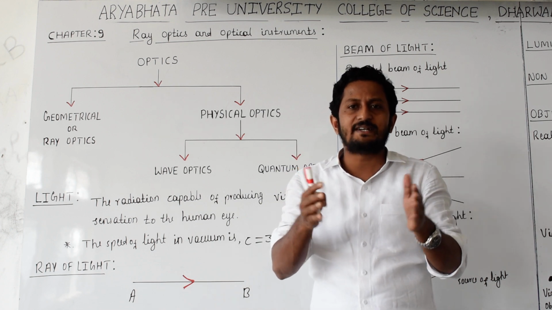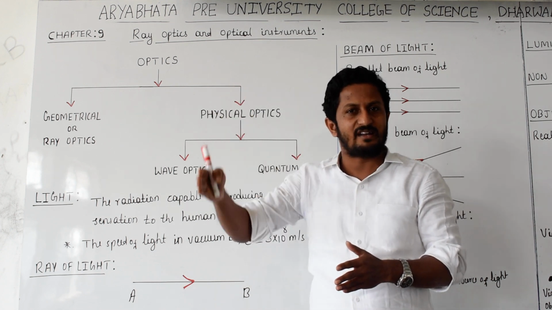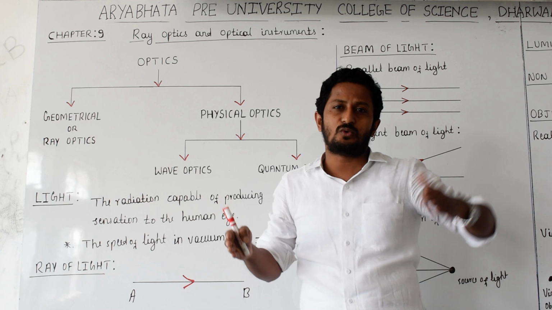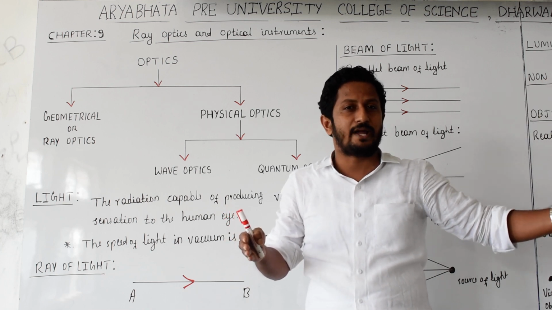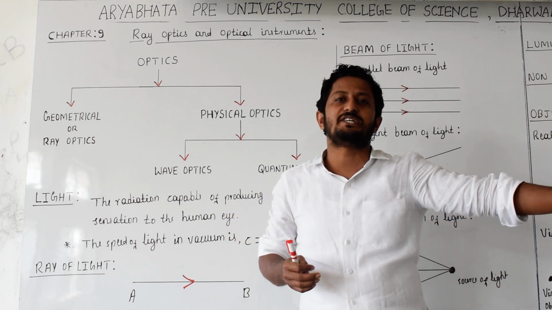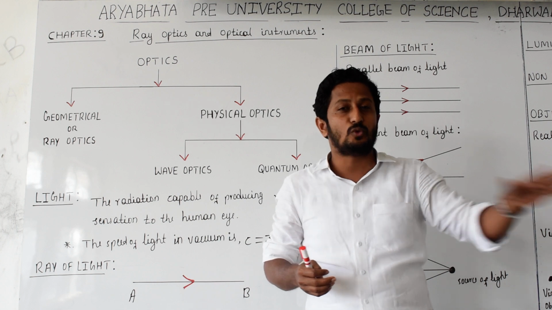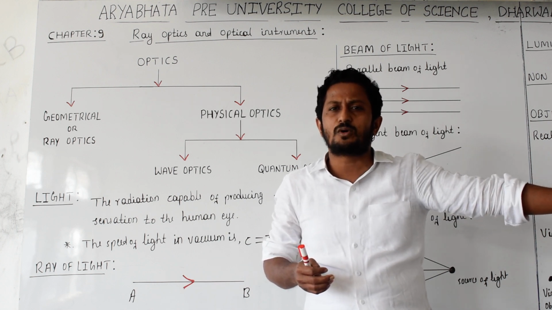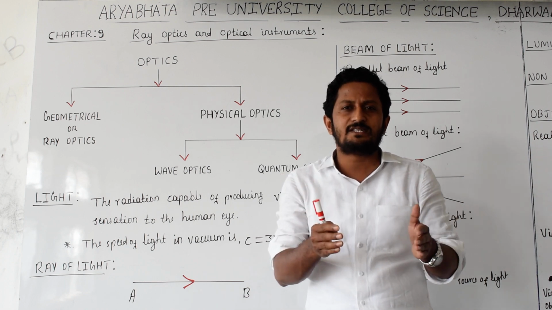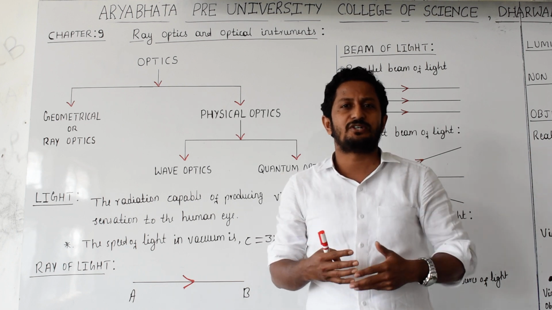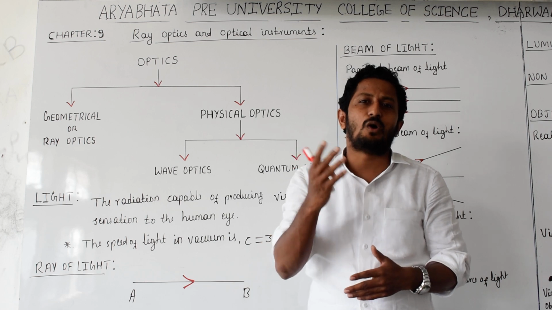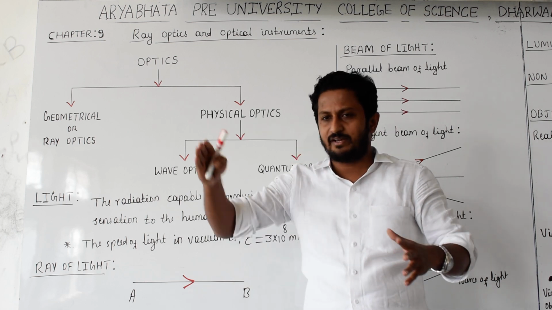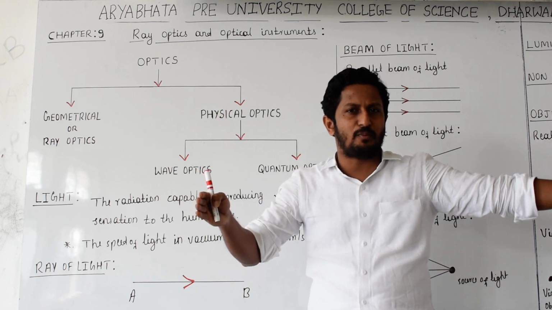When that emitted light is moving from one reference point to another reference point through a homogeneous medium. Homogeneous medium means what? A medium in which the molecular concentration remains constant everywhere, from one point to another point.